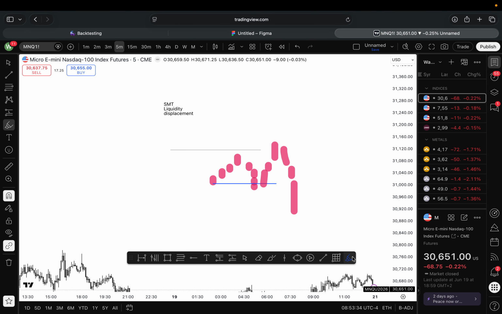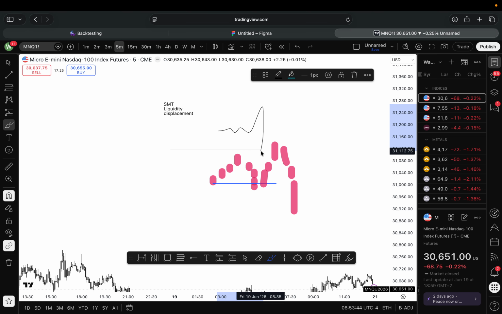Now, if we look at this, this formation also looks very similar to our accumulation, manipulation, and distribution.